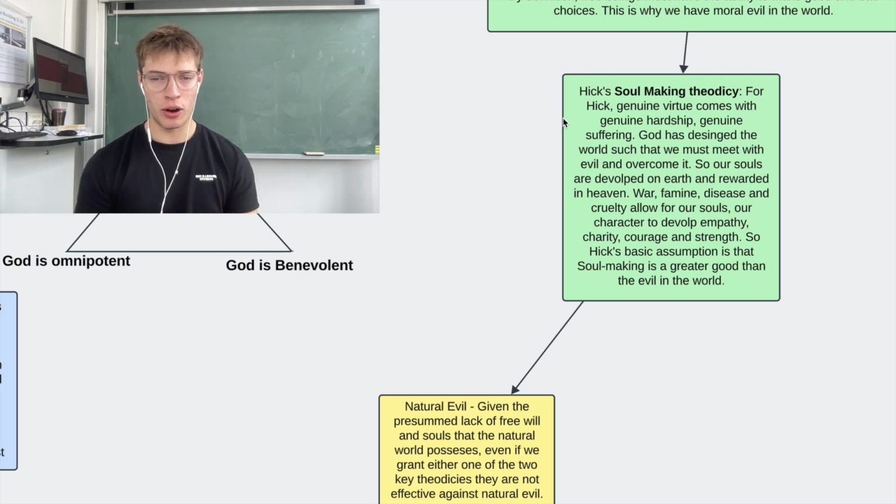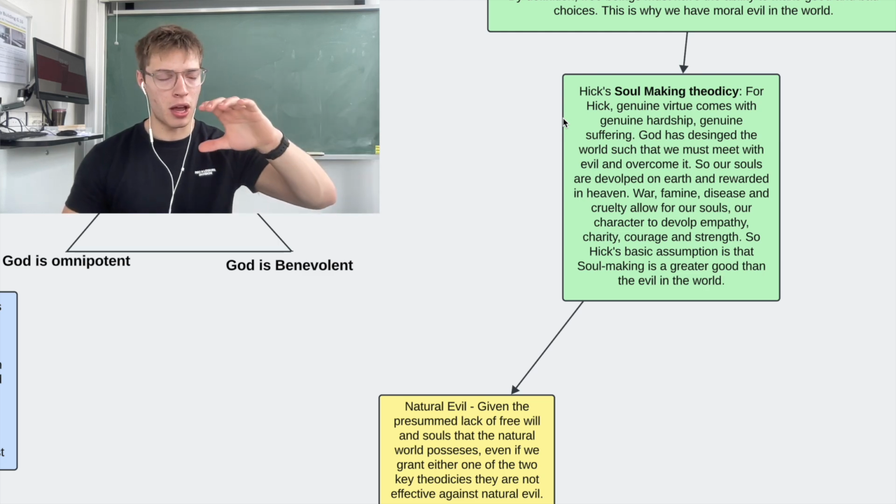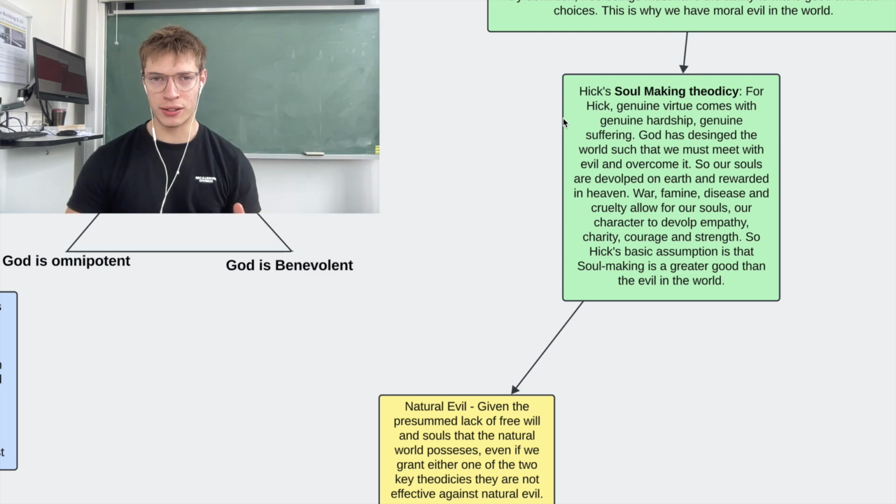In order to develop courage, strength, charity, empathy, we require experience of suffering, of war, of famine, of impoverishment, of people who are worse than us. All of these things lead to our souls developing genuine virtues.